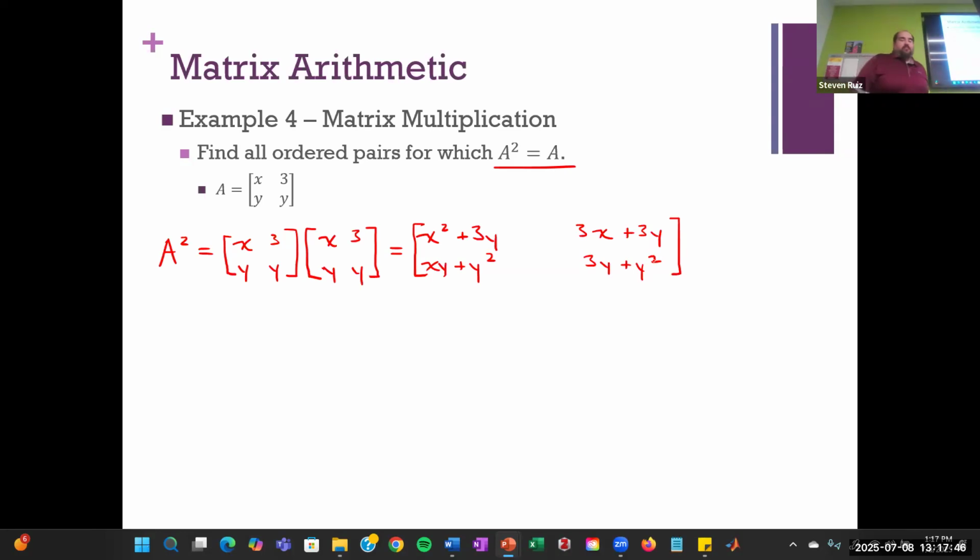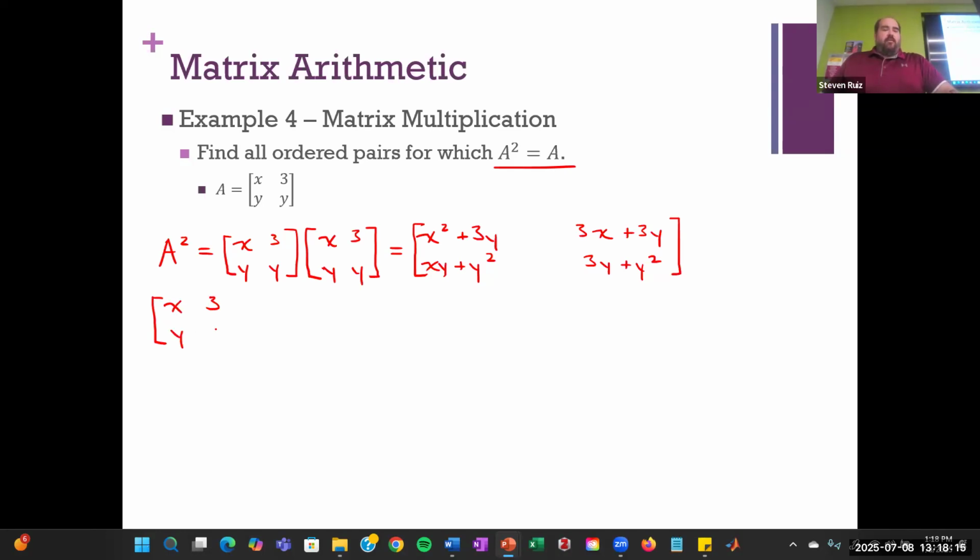We would like to know under what conditions A squared and A are equal. We talked about matrix equality last time. So how would we get equality from this? Let me write down the equation we're essentially trying to solve.